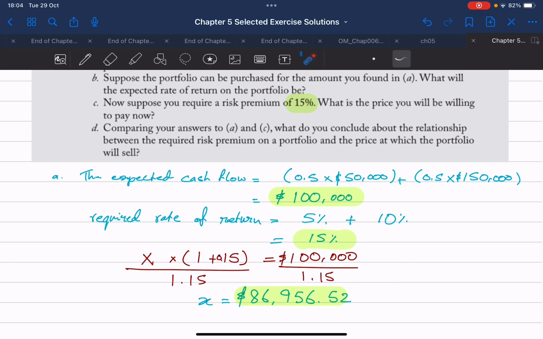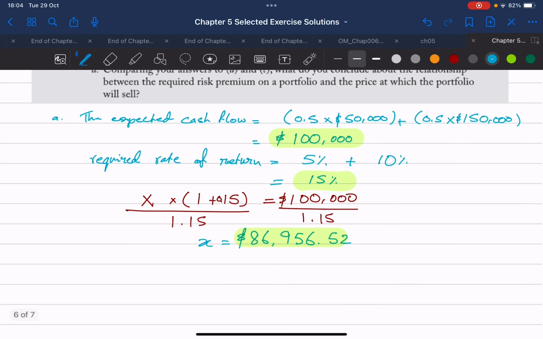So since the question is saying that the portfolio can be purchased for the amount you found in A, what will the expected rate of return on the portfolio be? That means it's going to be 15%. Okay, but just to be sure, let's run the numbers and confirm. So B, we're going to calculate the rate of return using our usual formula, which is P1 minus P0 plus D over P0, right?